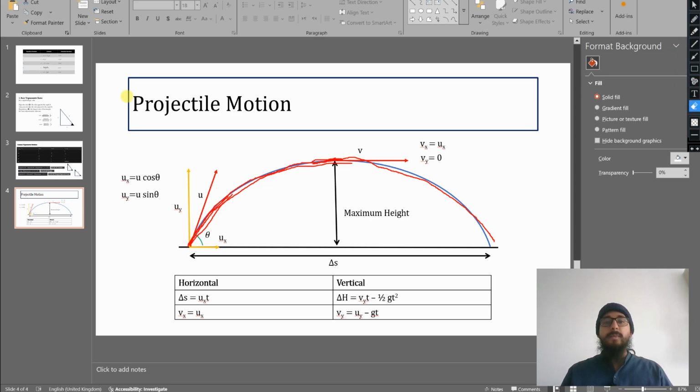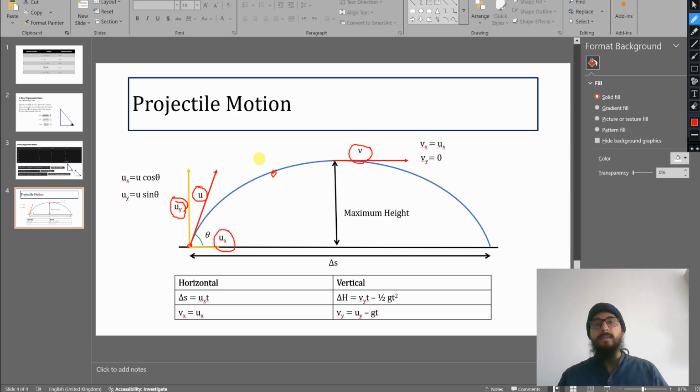Now what are the properties of projectile motion, and why does it move like this? It moves like this because of gravity. So for example, at this initial point, this is the y component of the initial velocity. U is the initial velocity, v is the final velocity, ux is the x component of the initial velocity, and uy is the y component of the initial velocity.